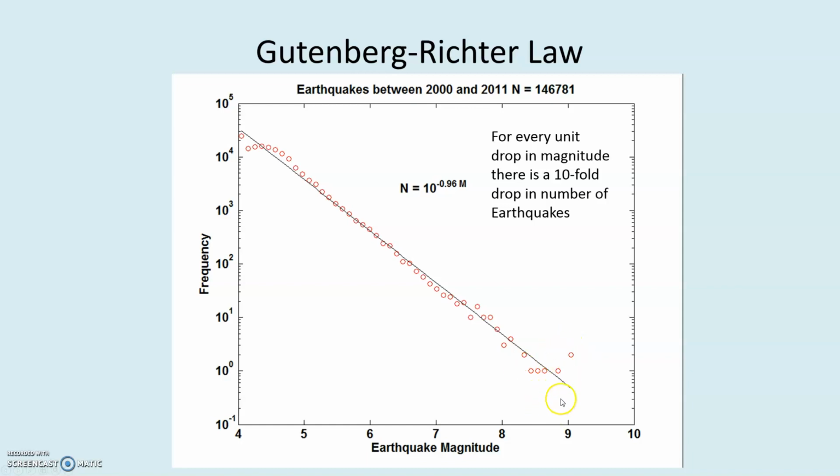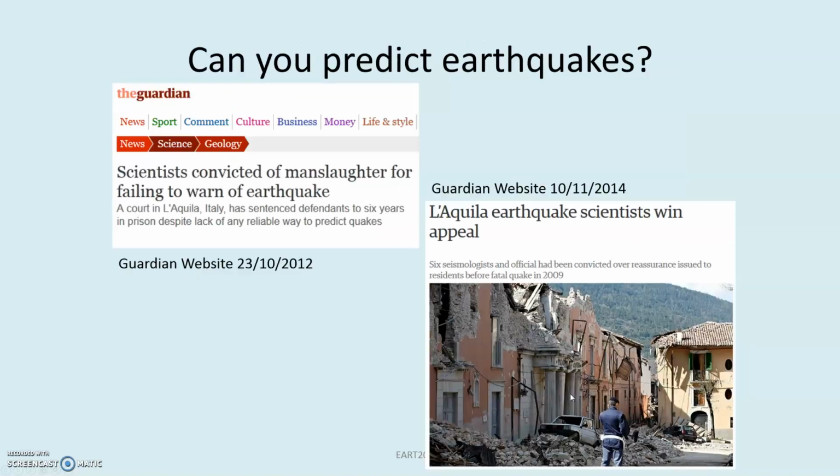We get a lot more noise in this data because these are quite rare events. So it can really depend on how long a timescale you're looking at. You can see that there's a higher number of magnitude 9 earthquakes than the Gutenberg-Richter relationship would predict.